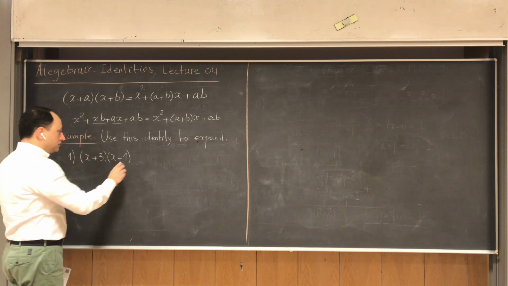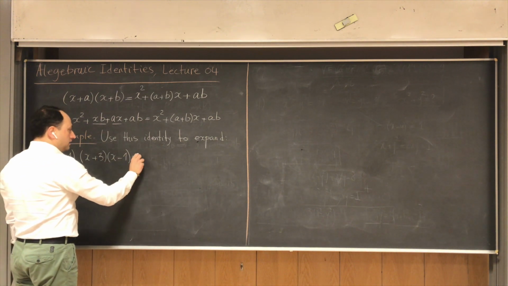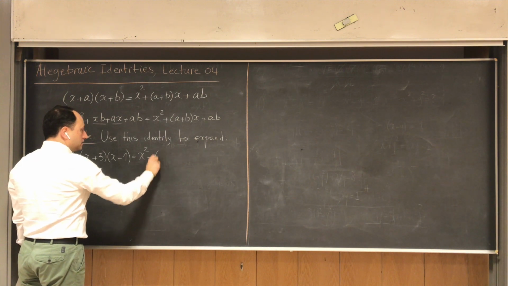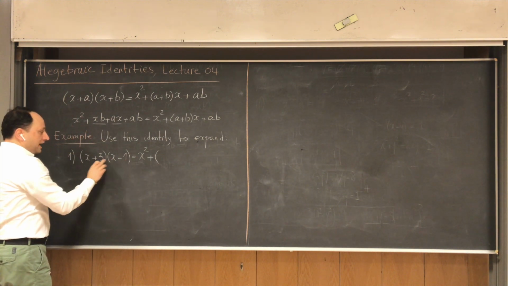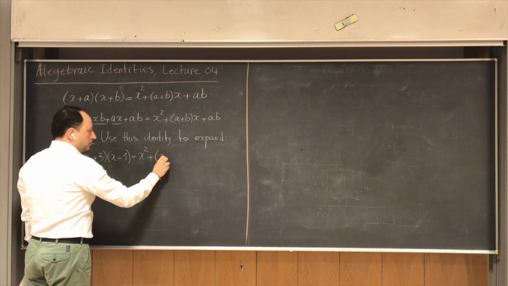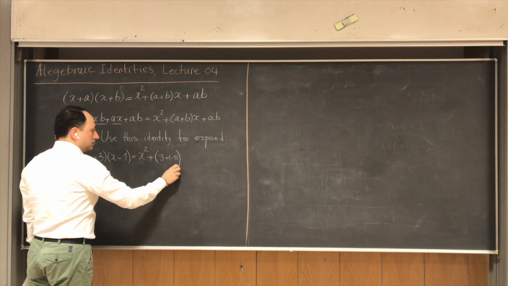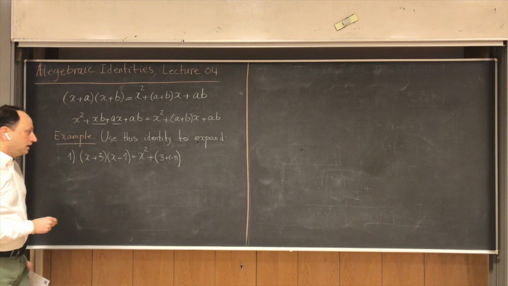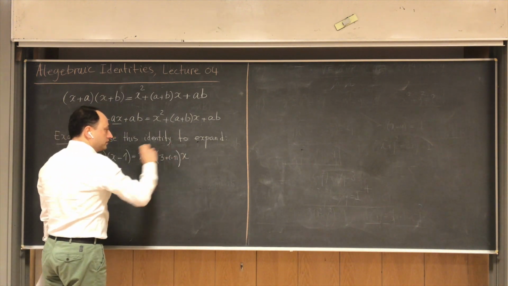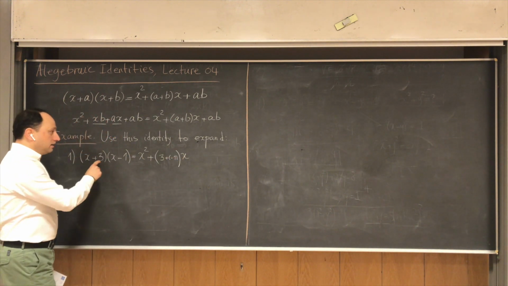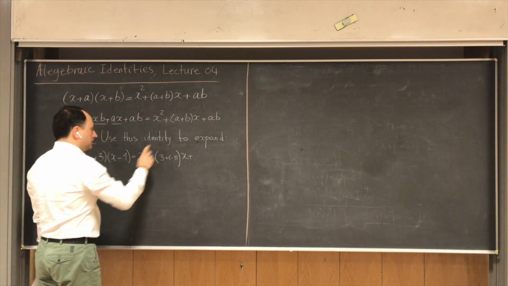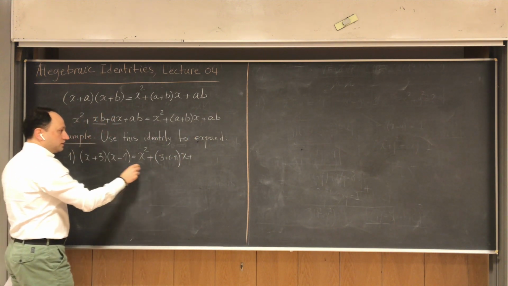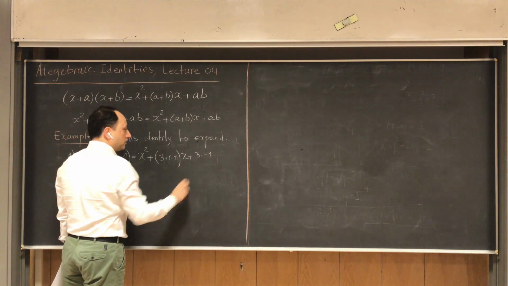So I can write it as the common term squared, plus these two terms added together, 3 plus minus 1. The first term is positive 3, the second term is negative 1, multiplied by the common term x. And at the end, I multiply these two terms together, so 3 multiplied by minus 1.